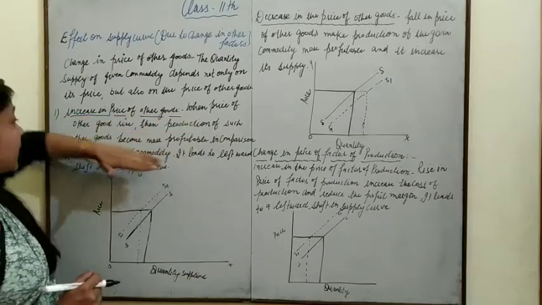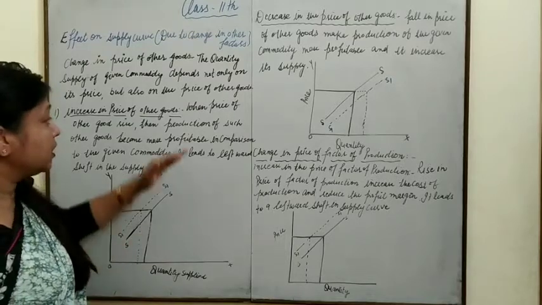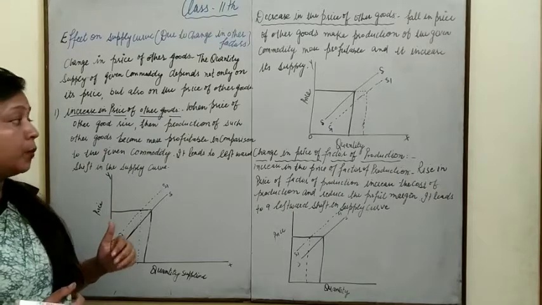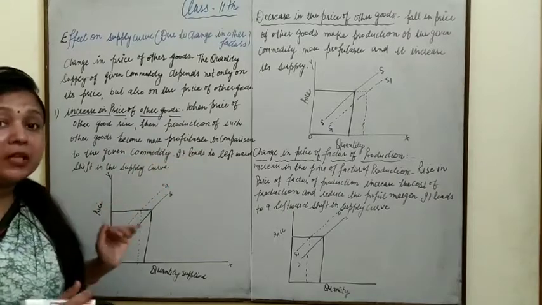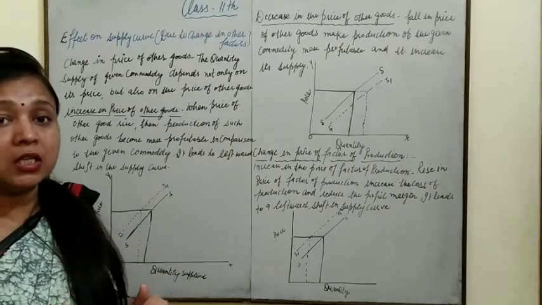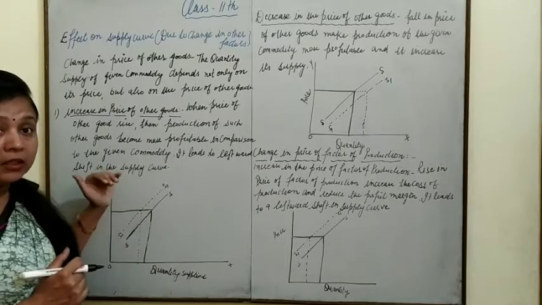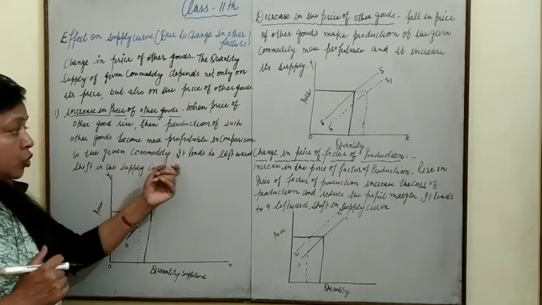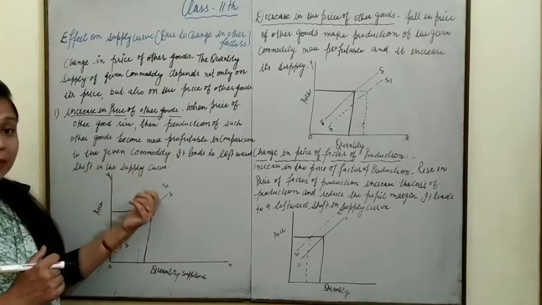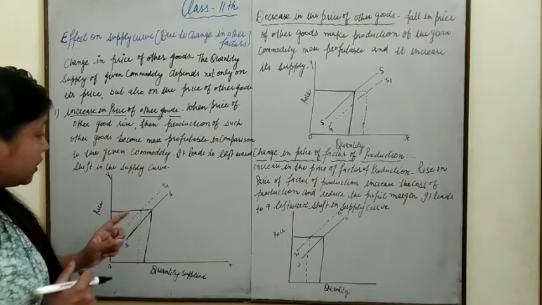When the price of other goods rises, the production of such other goods becomes more profitable in comparison to the given goods, because the price of that commodity has increased, so that commodity gives more benefit than the given commodity. So it leads to a leftward shift of the supply curve. The given commodity's supply curve will shift to the left.